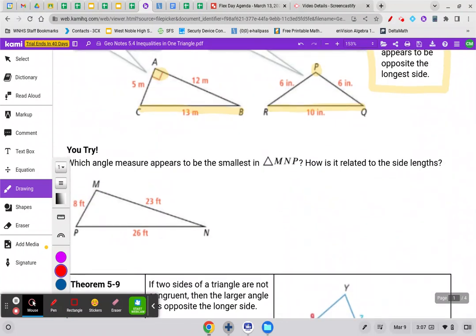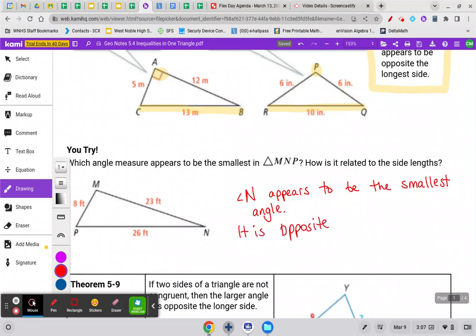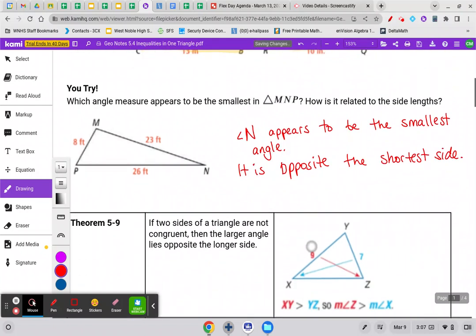So angle N appears to be the smallest angle because it is opposite the shortest side, based on the length. 8 is the smallest.